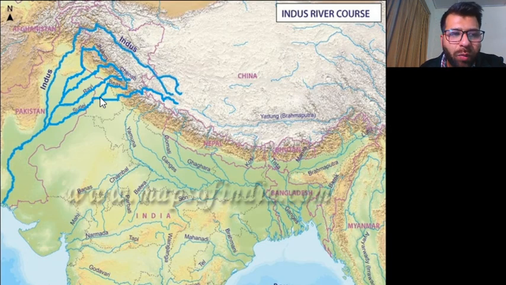Rather, at the point where Beas and Satluj meet, two parallel canals have been constructed called the Indira Gandhi Canal, and these canals are diverted toward Pakistan, and that has happened because of the Indus Water Treaty. In the next video, I will discuss what the Indus Water Treaty is and how the water has been used by both countries strategically, and what issues have come up over the years.